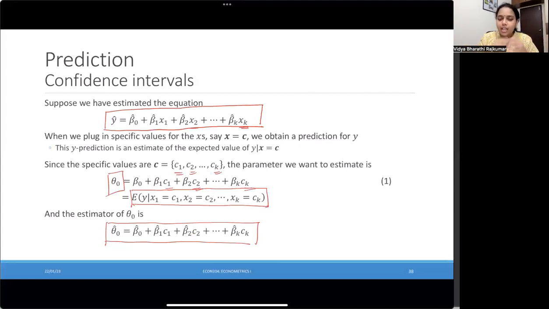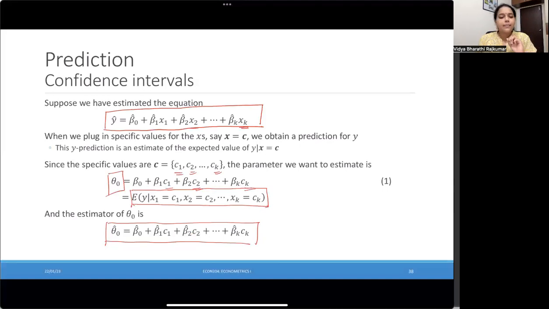In other words, I'm going to construct a band of values around that theta naught hat, so that in 100 different samples, I can be confident that in 95 of those intervals, my theta naught hat will fall within that interval. So it's that band which tells me that if I take repeated samples, I would expect that predicted value to fall in that band.